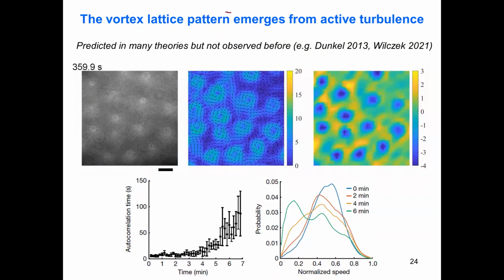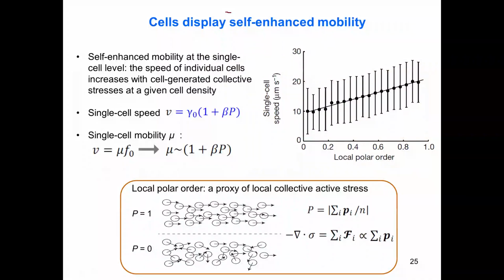So what's the origin of this? We found that there's a strong correlation between individual cell speed and the local polar order of their neighbors' movement. In fact, this correlation is so clear that it can be approximated as a linear correlation.